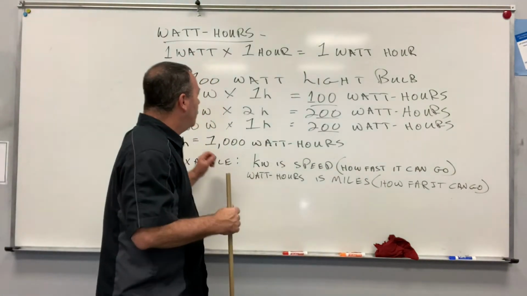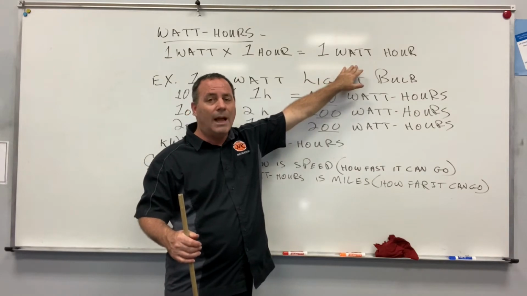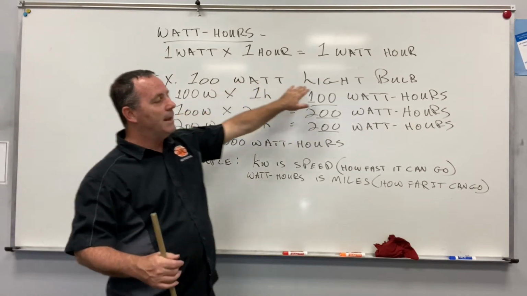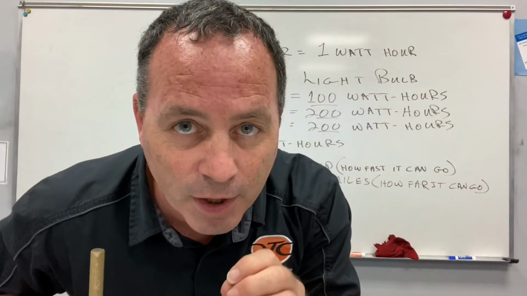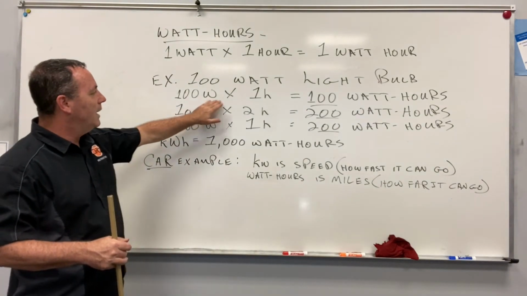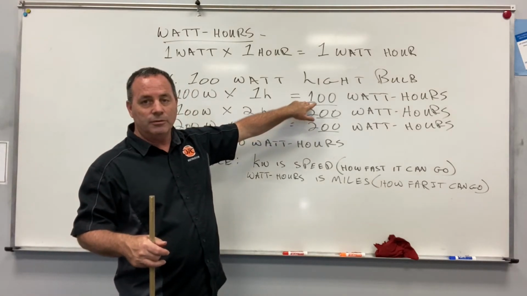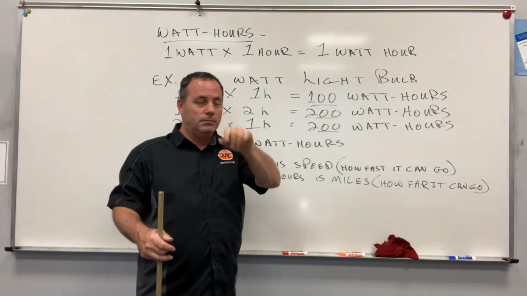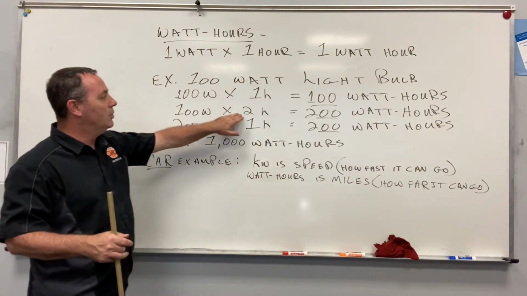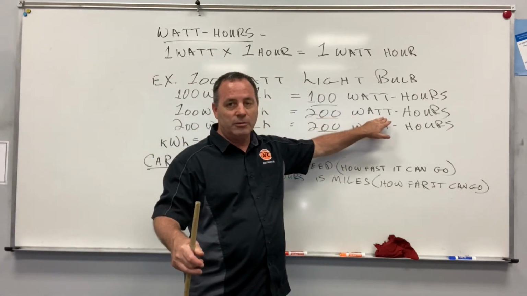Got it? If you have questions, you can text me or ask me, okay? Now, let's use some examples of this. I like examples because it helps explain. You go to the store and you buy you a 100 watt light bulb. 100 watts in 1 hour equals 100 watt hours. 100 watts in 2 hours equals 200 watt hours.